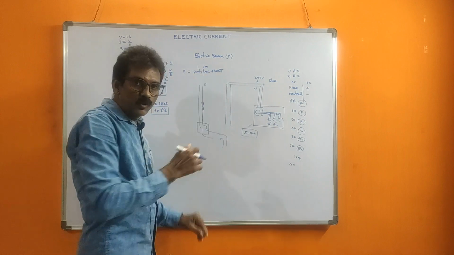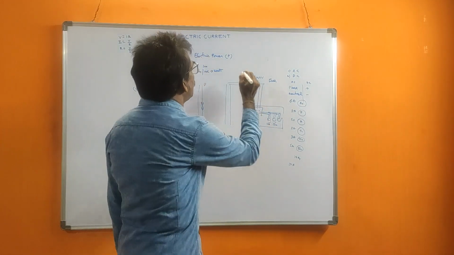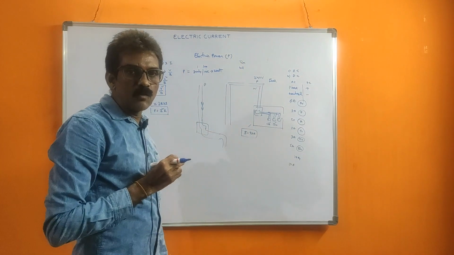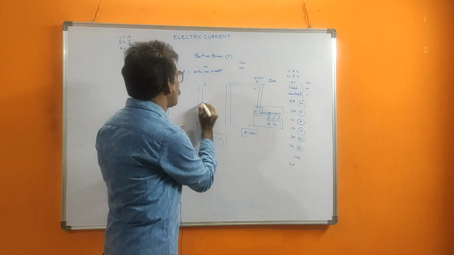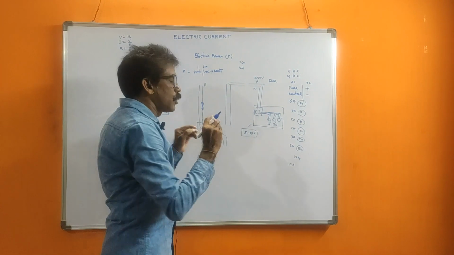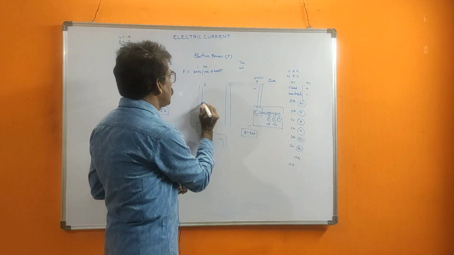Now this fuse wire is made of a very low melting material, that is tin, lead. Generally tin and lead have very low melting points. These two points are attached with 2 or 3 leads of tin wire, and the current passes through it. This conductor is passing.